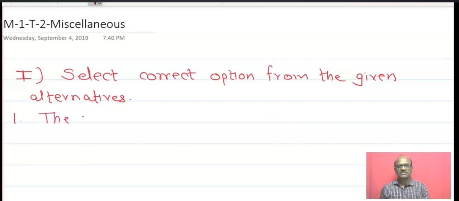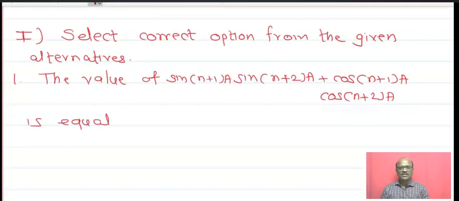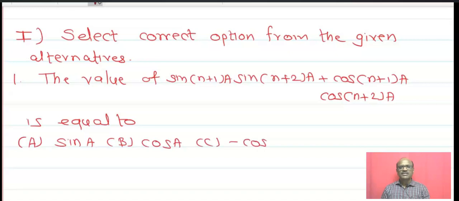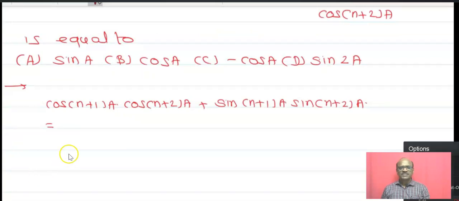First, the value of sin((n+1)a) sin((n+2)a) + cos((n+1)a) cos((n+2)a) is equal to: A, sin a; B, cos a; C, minus cos a; and D, sin 2a.